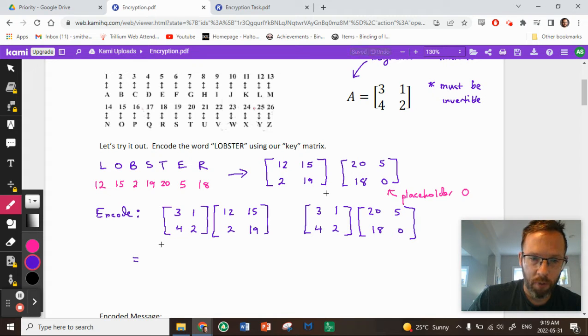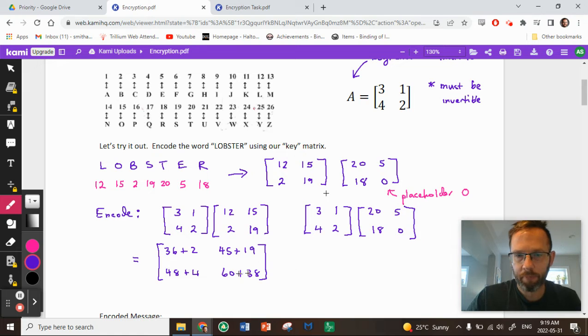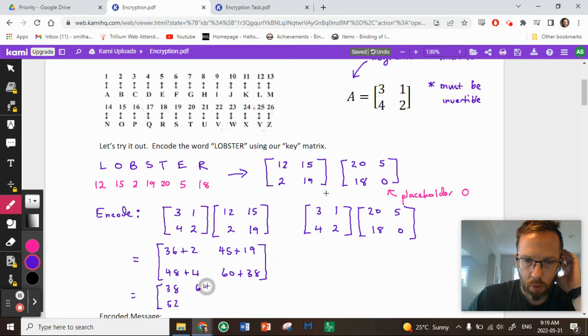So I will show an intermediate step as I normally do. So 3 times 12 is 36 plus 2, and then 45 plus 19. 4 times 12 is 48 plus 4, and 60 plus 38 gives me 38, 52, 64, and 98.